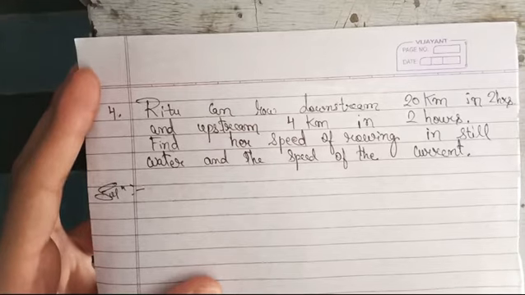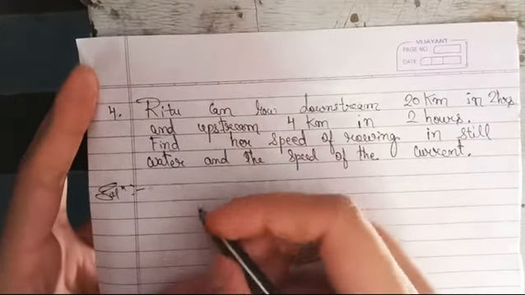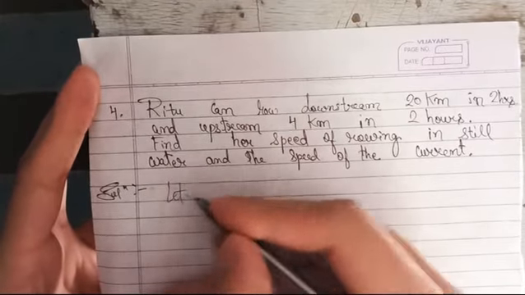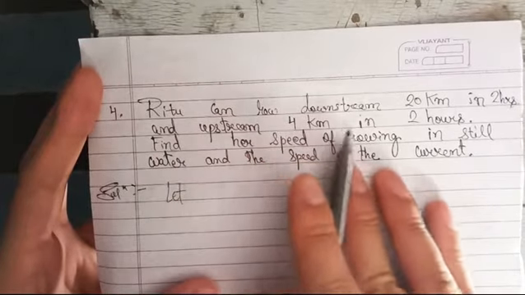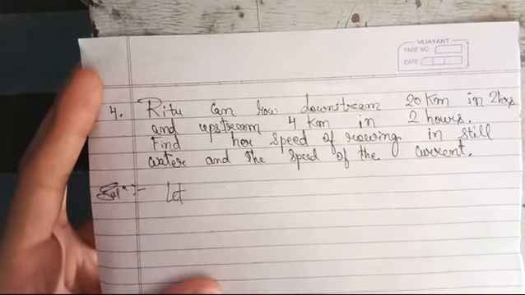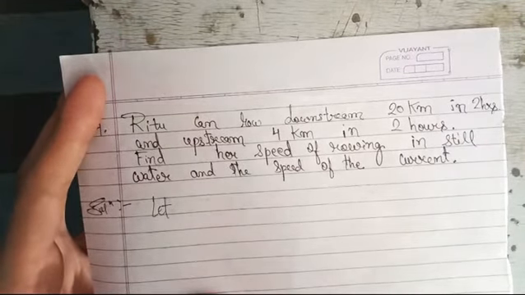Okay. So first of all, we will understand the question. Ritu can row downstream, that means she is moving with the flow of water, 20 kilometers in 2 hours.